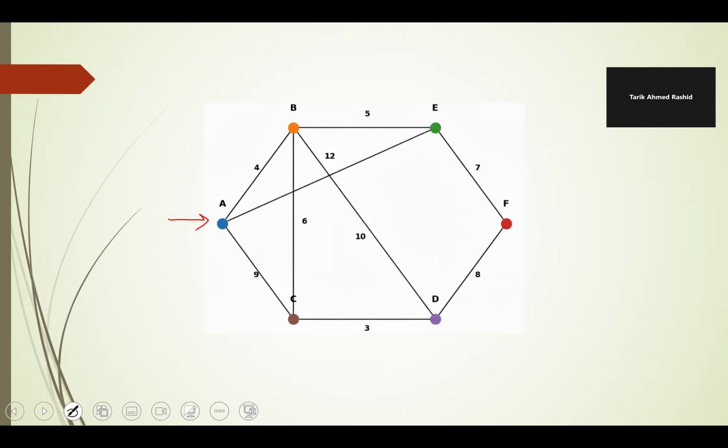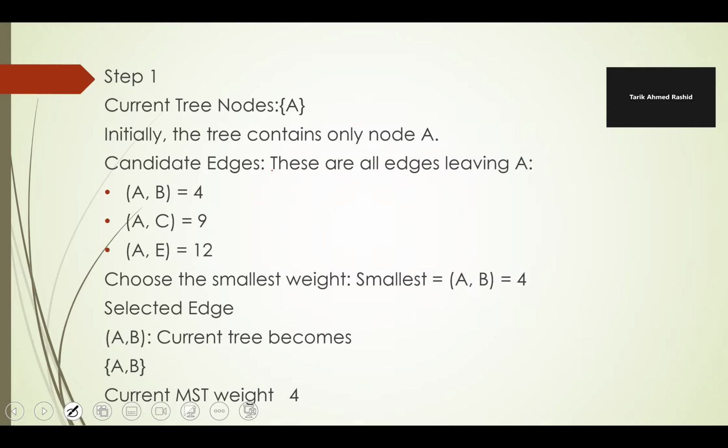So any edges leaving A will be A to B, A to E, and A to C. A to B is 4, A to E is 12, A to C is 9. Which one is the smallest? Greedy is 4. So we take A to B. That's step one.